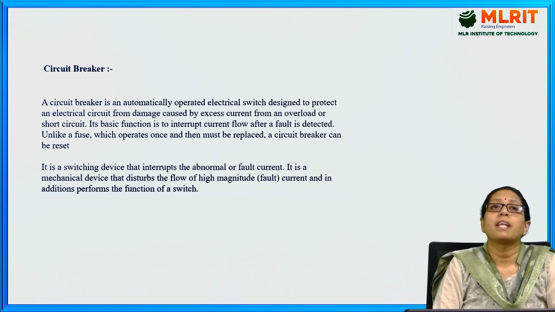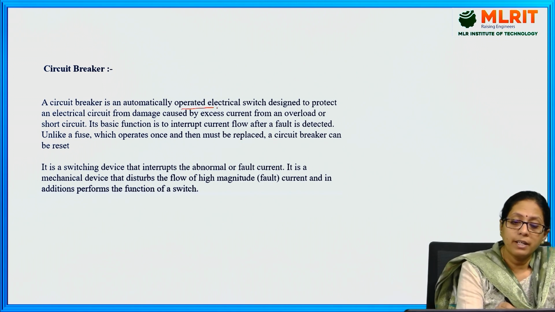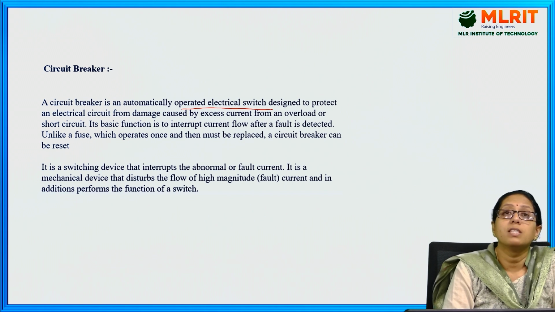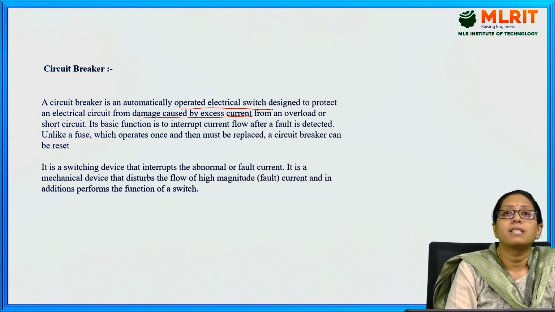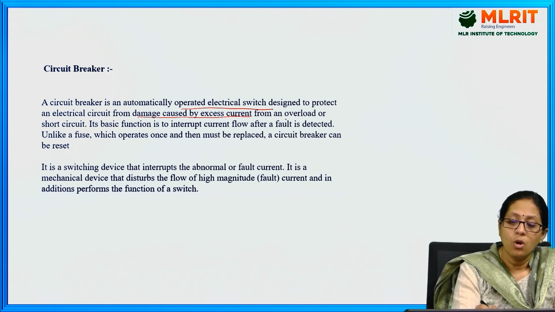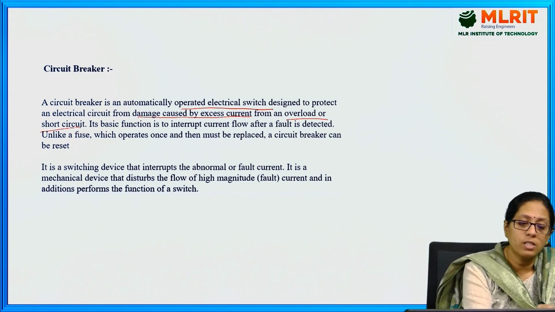Circuit breaker is an automatically operated electrical switch which is designed to protect an electrical circuit from damage caused by the excess current or due to an overload or short circuit.